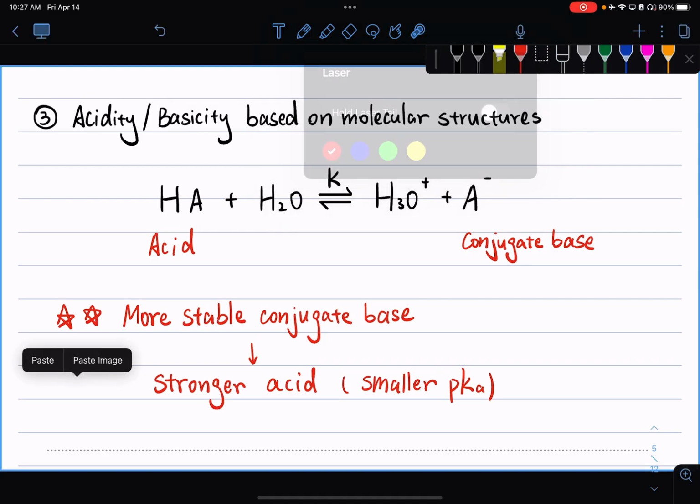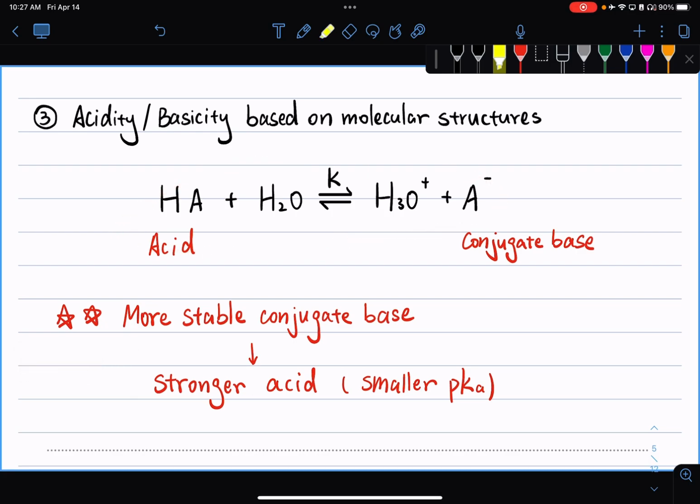So back to this equation. Before we move on, I want to make sure we emphasize it. When we're talking about the acidity of a specific acid in organic chemistry, generally what we are saying is, do we have a more stable conjugate base? Like what we said before, the stability of the conjugate base relates to the acidity by writing out the equilibrium constant, right?